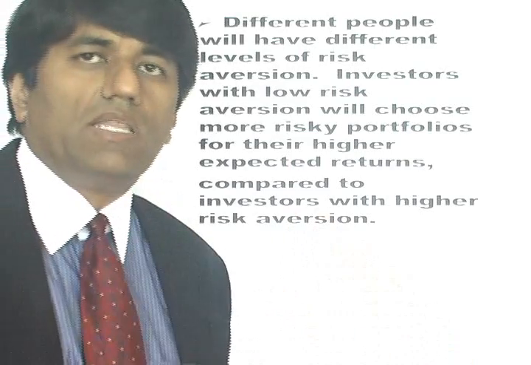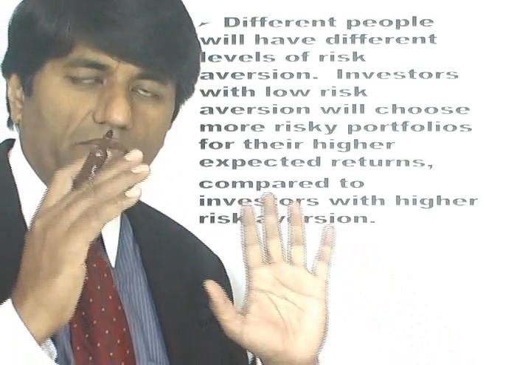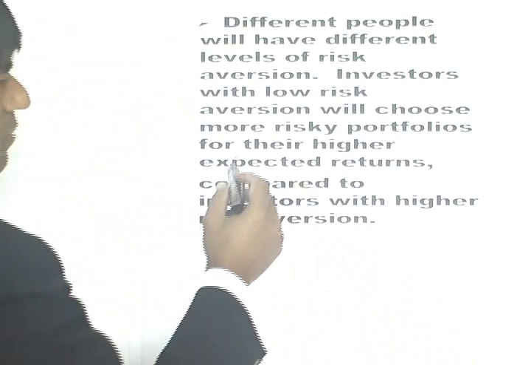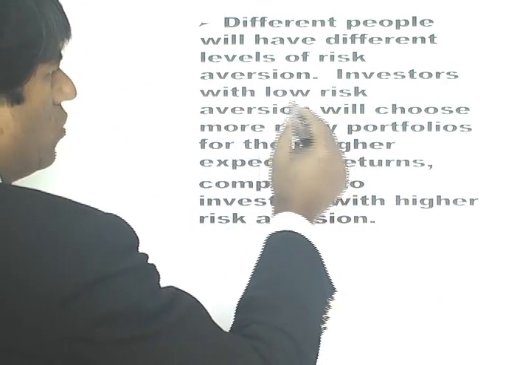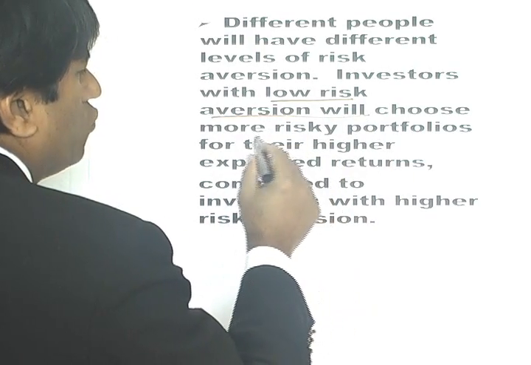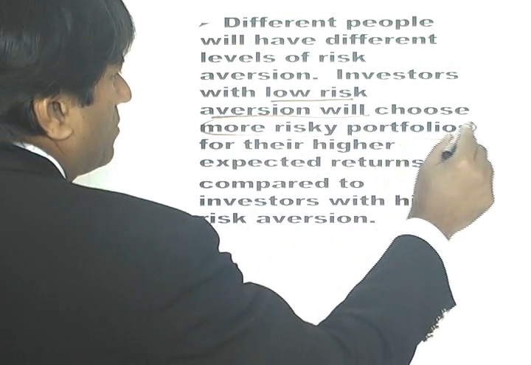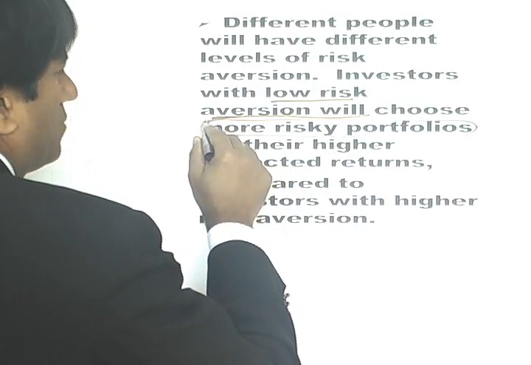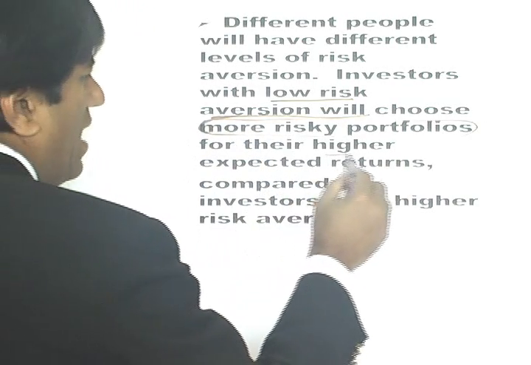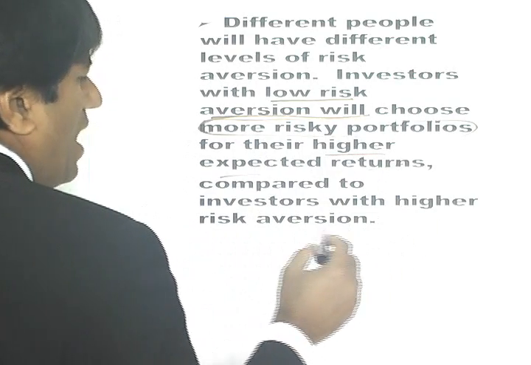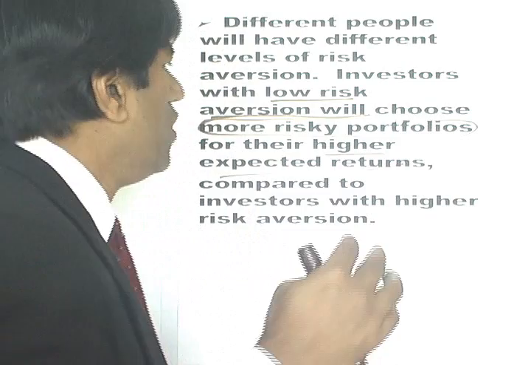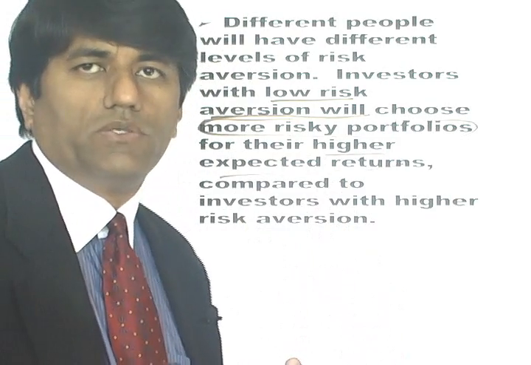So depending on the amount of risk aversion that they have, they will choose different portfolios. Investors with low risk aversion will choose more risky portfolios, because they will get higher expected returns. And investors who have a very high risk aversion will choose less risky portfolios.